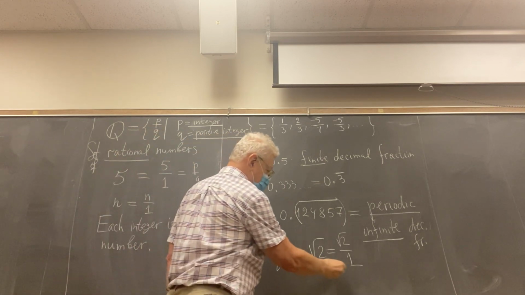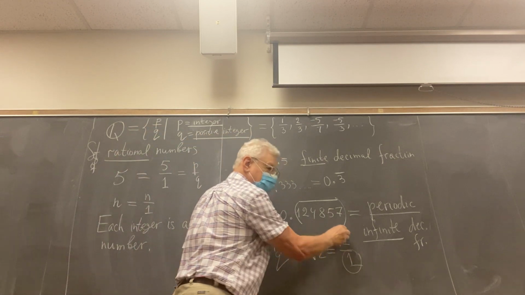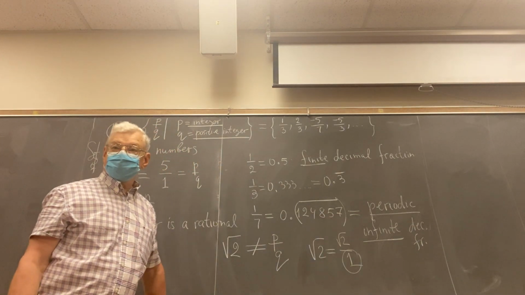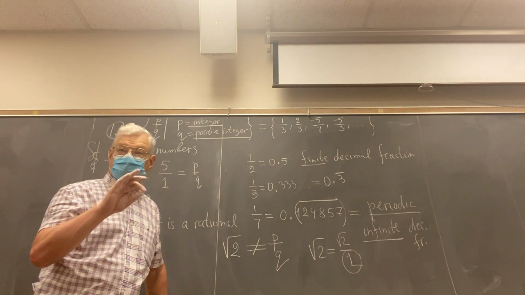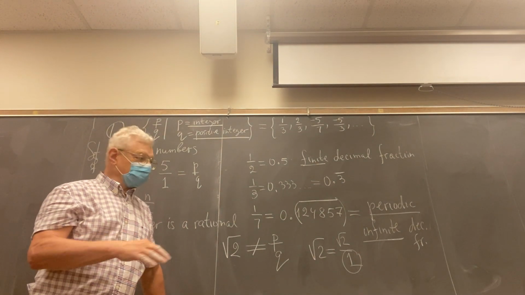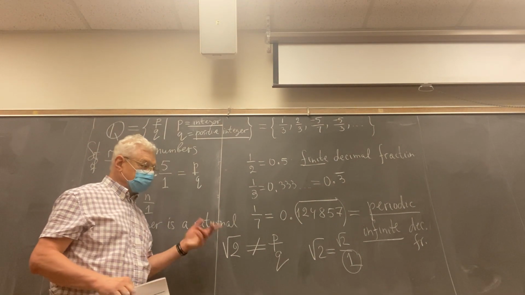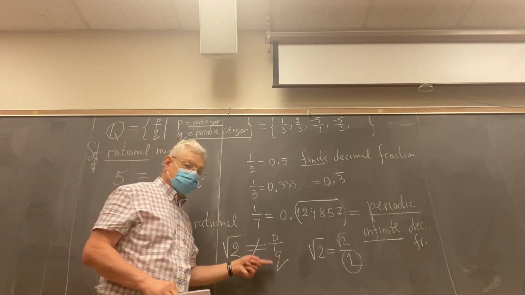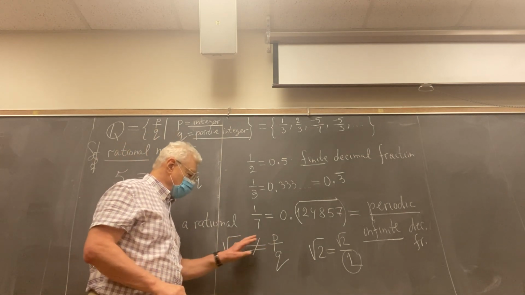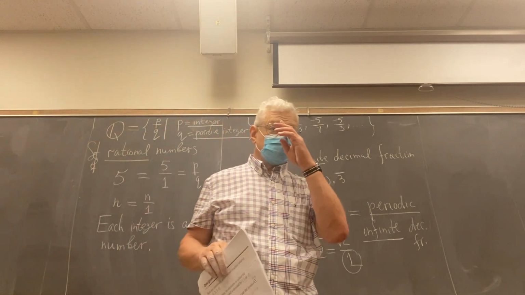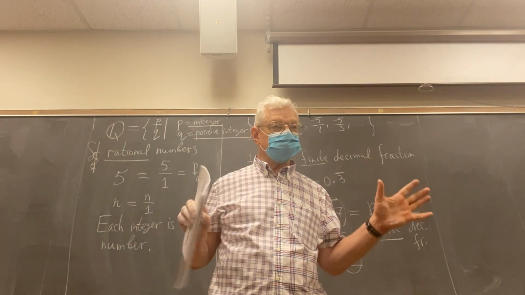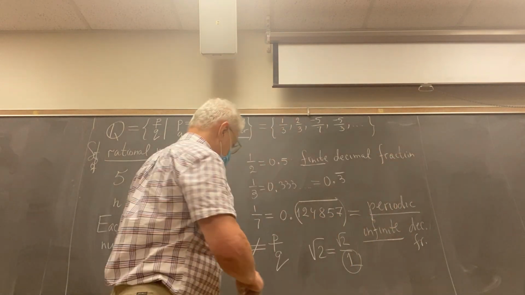If I look here, this is an integer, but this is not. Both numerator and denominator must be integers. But the question is, maybe I can find such P and Q so that the square root of 2 equals that. It's a mathematical theorem which says it's impossible. That's why it's not a rational number.